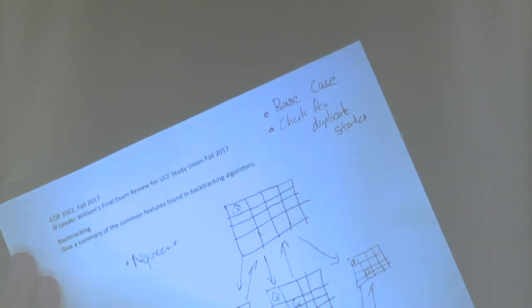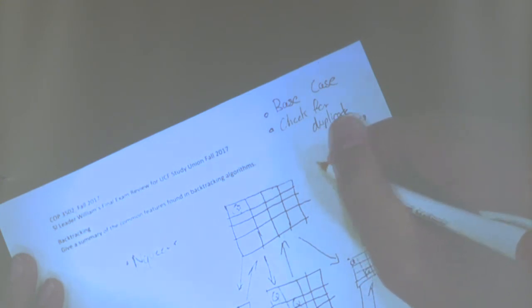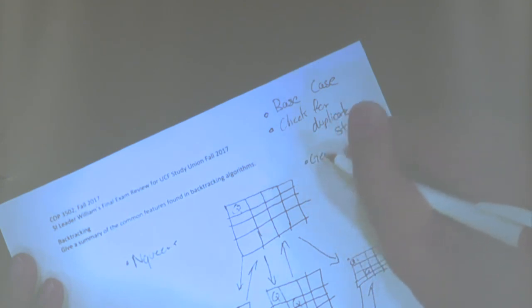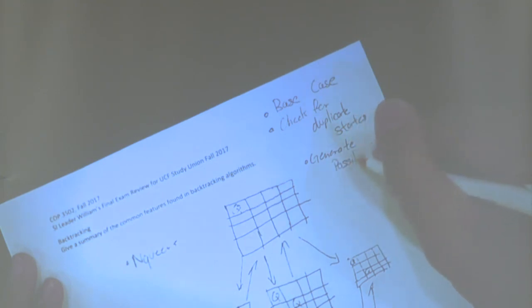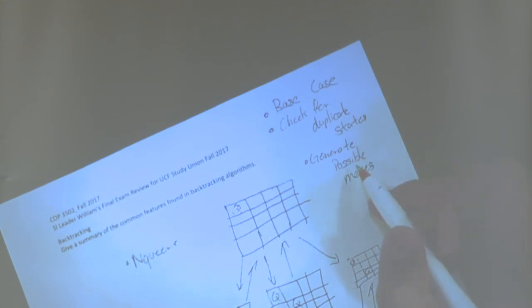And then after we've done our base case and checked that it's not a state we've seen before, we can generate a list of possible moves to make and see how we can solve our problem. Usually we have a for loop, increasing i or somehow changing the state of our problem.